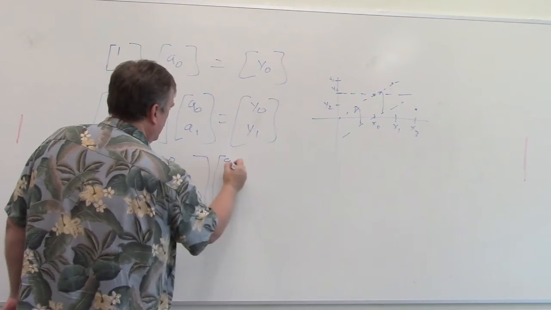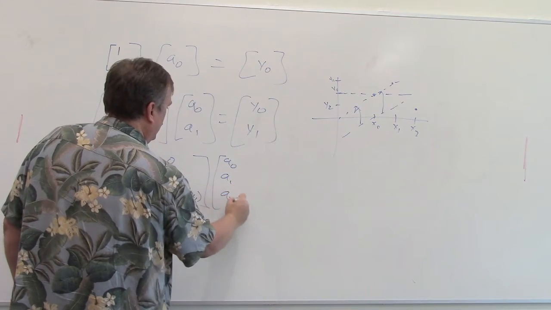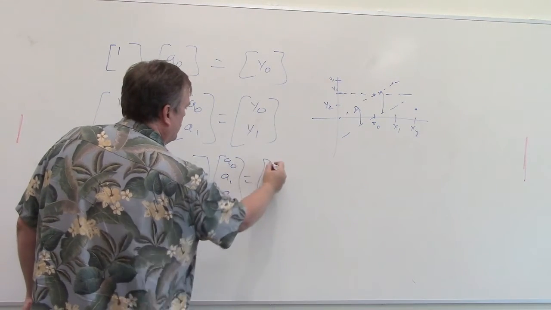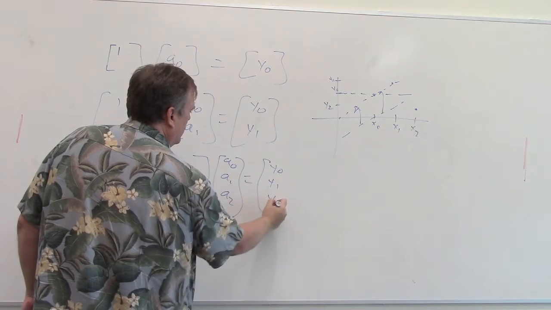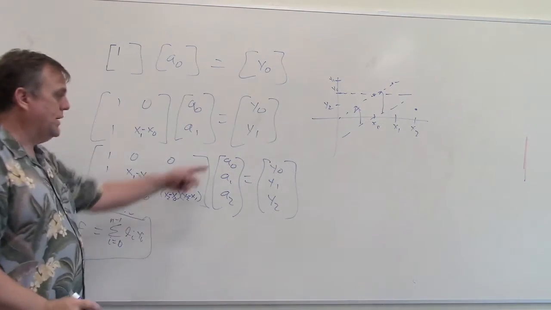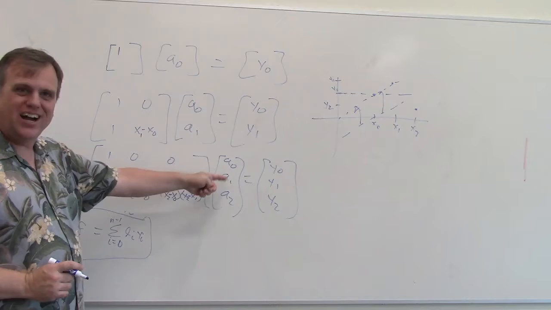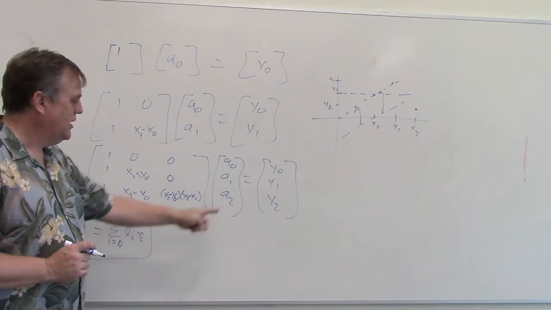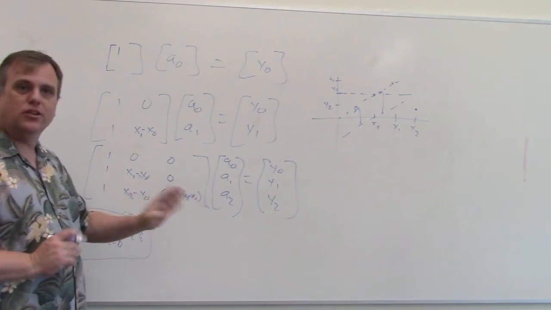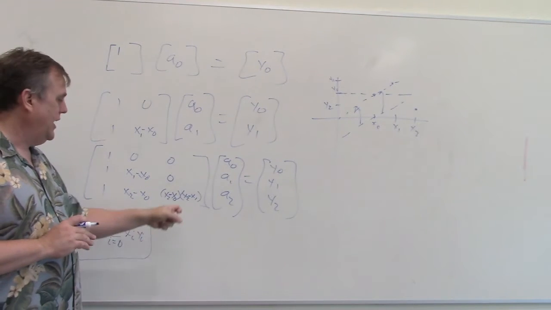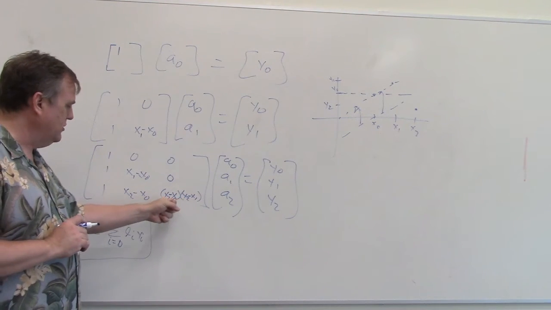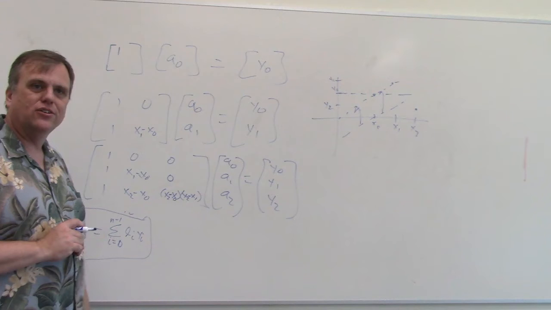So that's times a0, a1, a2, and has to equal y0, y1, y2. But I've already calculated these two. I know what they are from my earlier steps, so I can just stick them in there. It's guaranteed to fit, and this last equation will tell me how to calculate the next a2.